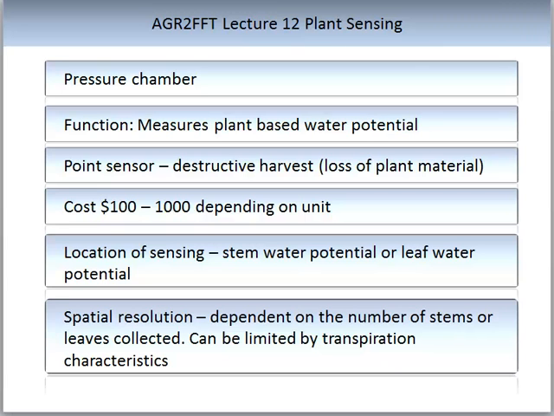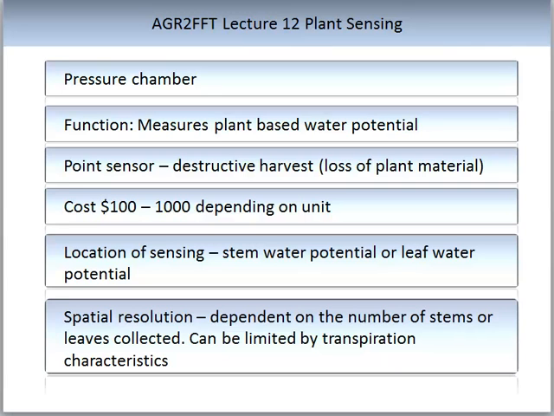It is what we call a point sensor. That is, it measures one point at one moment in time. It does involve destructive harvest or removal of either the plant or stem. The costs can depend on the unit. The cheaper ones start at about $100 and they go up to thousands.